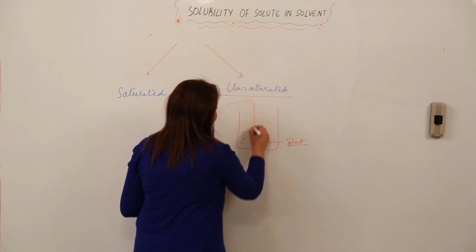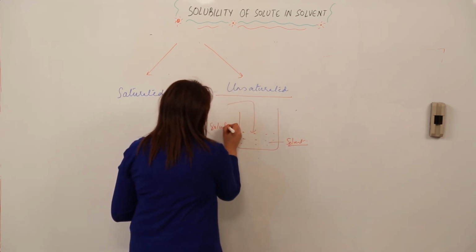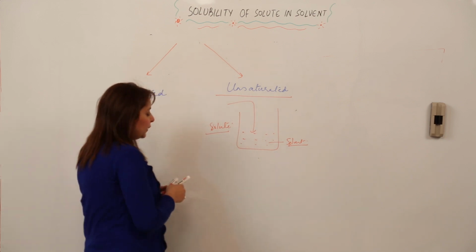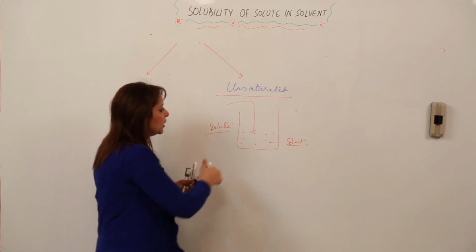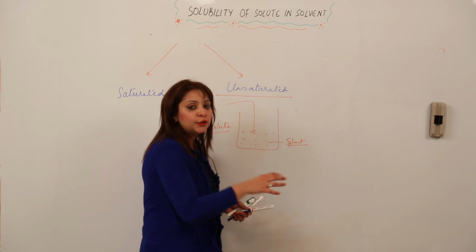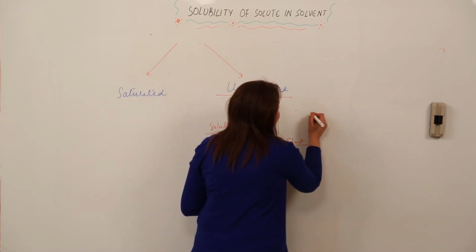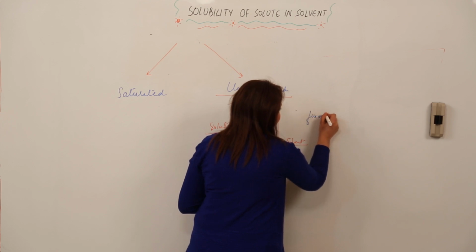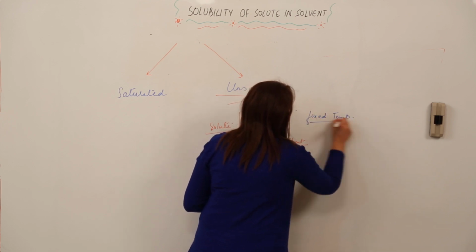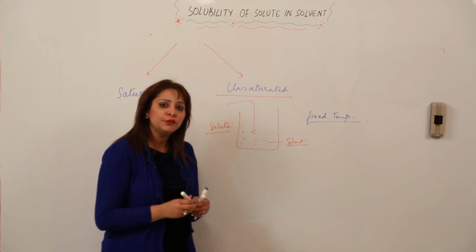and I am dissolving a solute into it, right. So what is going to happen? I am dissolving the solute, I am stirring it, and the solvent is going to dissolve that solute. This is occurring at a fixed temperature. That means I am not altering the temperature, the temperature is fixed.